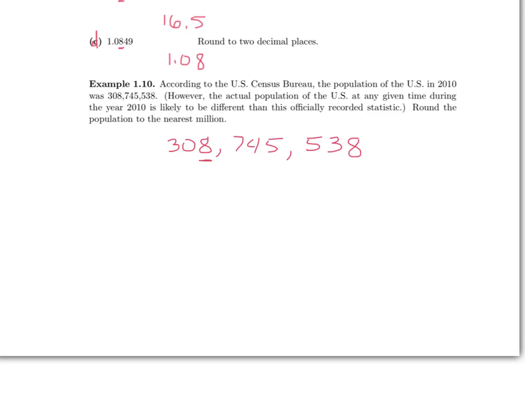In this case, that's the 8. So we look just to the right of the 8, and we see it's a 7. 7 is 5 or greater, so we're going to round the 8 up. So in rounded form, this is 309 million. So this is an example of rounding to the nearest million.